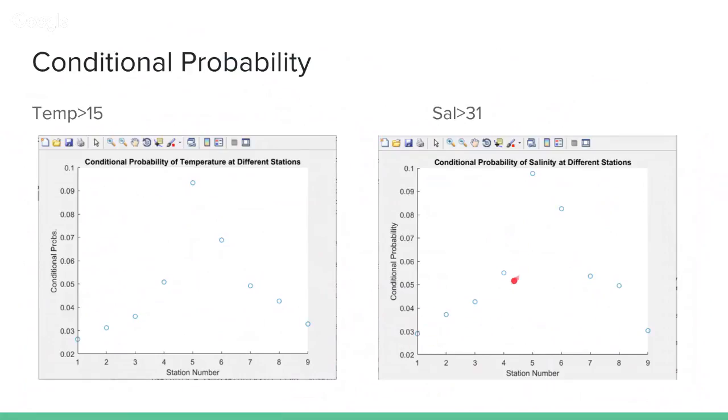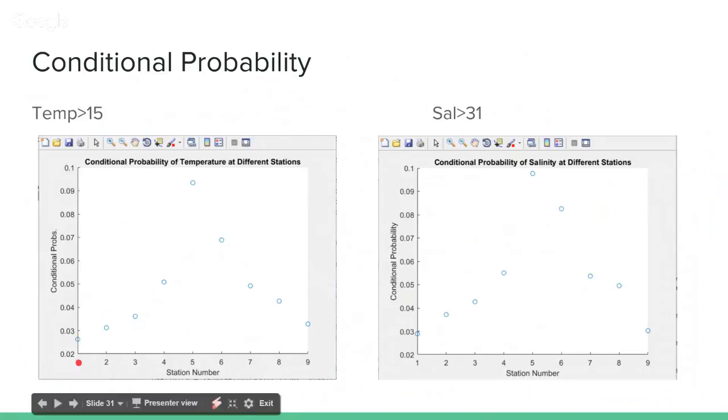Right here, you'd see this is the conditional probability of temperature. Here you'd see that at this point it's really low, because one represents north 15 and 9 represents south 15, with 5 being the 0 station, or the Santa Ana River.